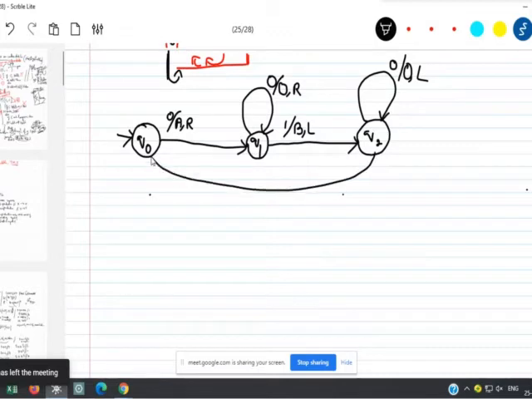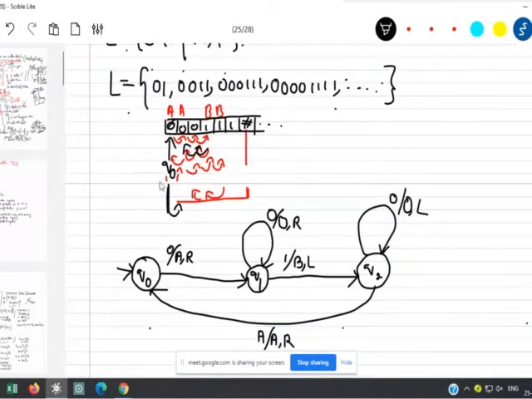If I find the symbol A, let it be A as it is, and start moving towards the right side.